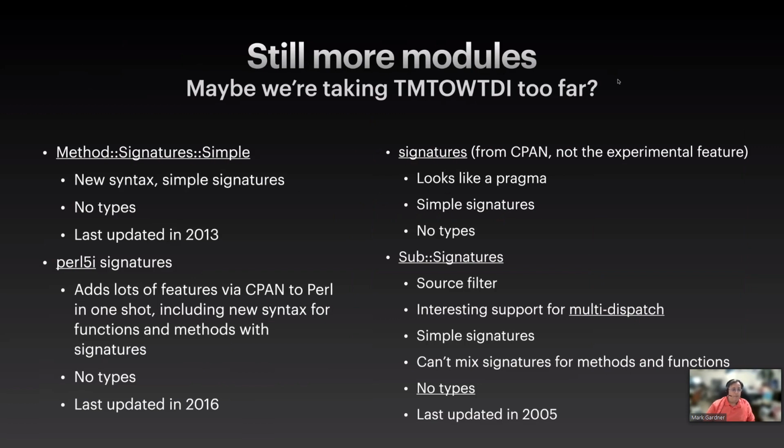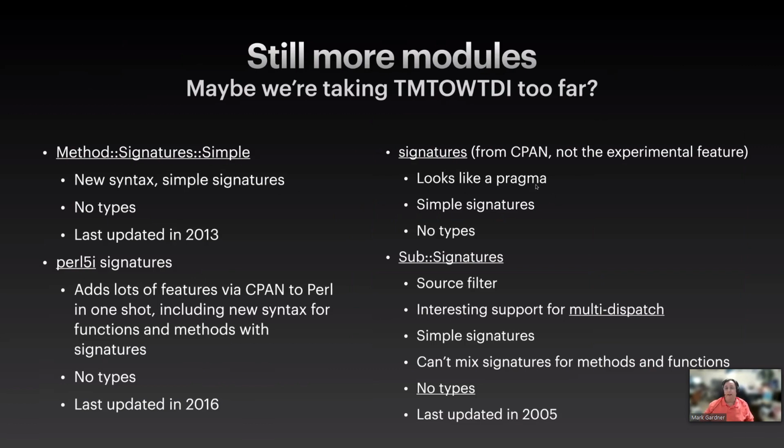You've got the Perl 5i effort that Michael Schwern worked on about 5 years ago. It adds lots of features. In one shot, it gives you all these CPAN modules and new syntax for calling them, including new syntax for functions and methods. Doesn't have type validation though.